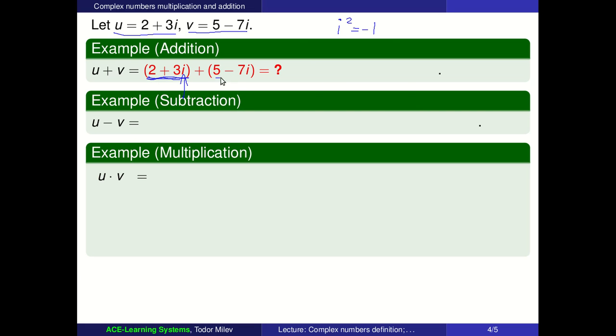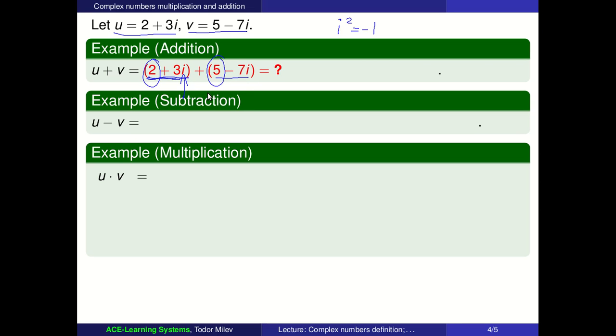You want to do the same with that expression, 5 minus 7i, and group terms as if these two objects were polynomials. So you want to add 2 plus 3i and 5 minus 7i as if those were regular algebraic expressions, treating i as a variable. In particular, you'd have to add 2 and 5.